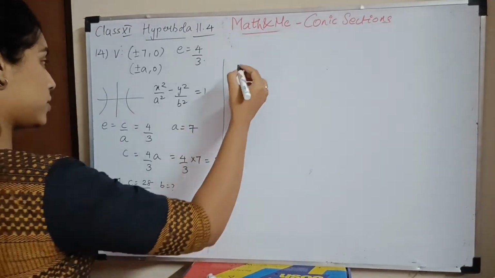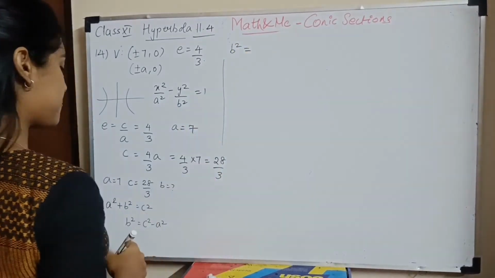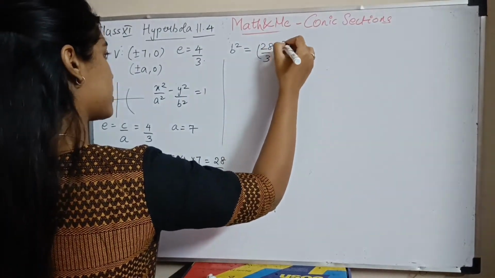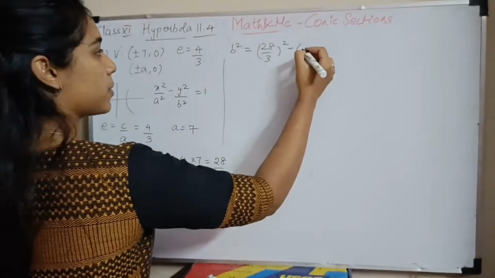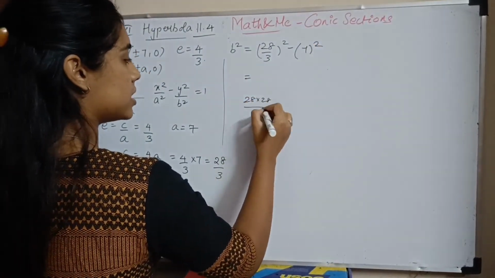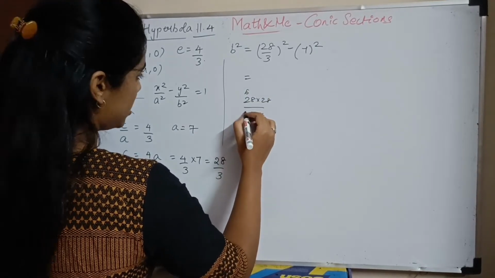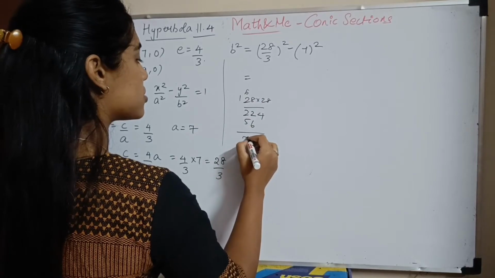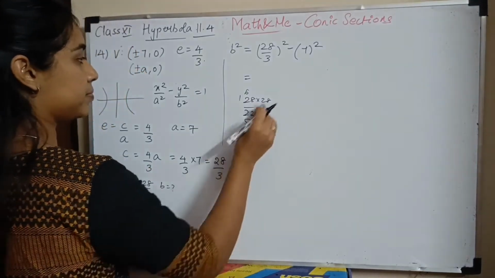When I substitute the values, I have b square equals c square, which is 28 by 3 the whole square, minus 7 square. 28 square is 784.